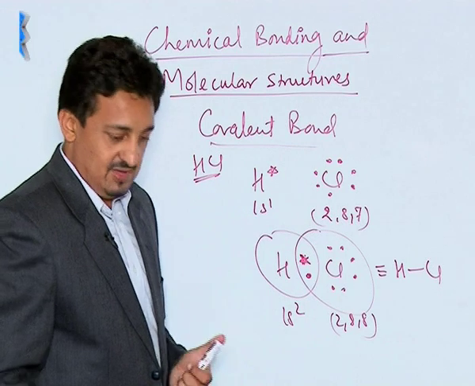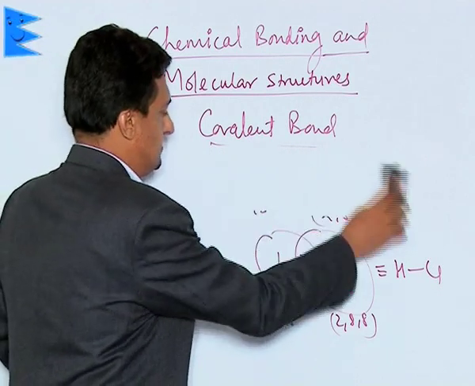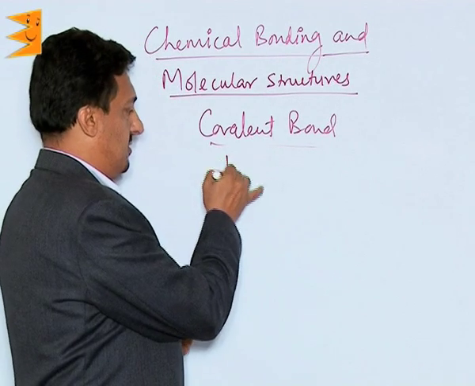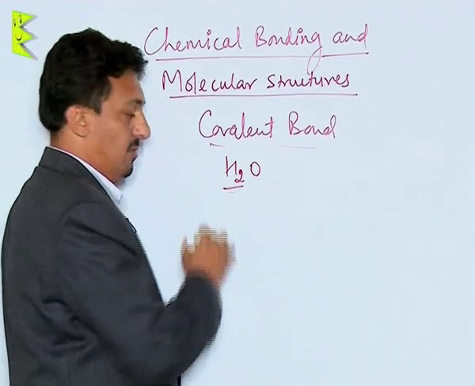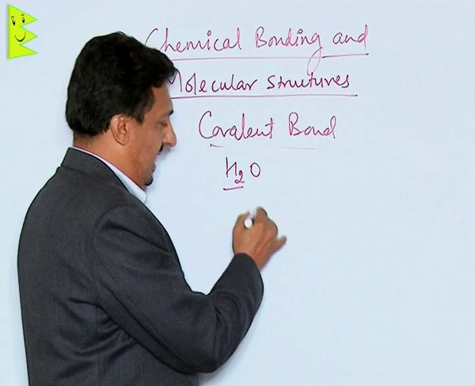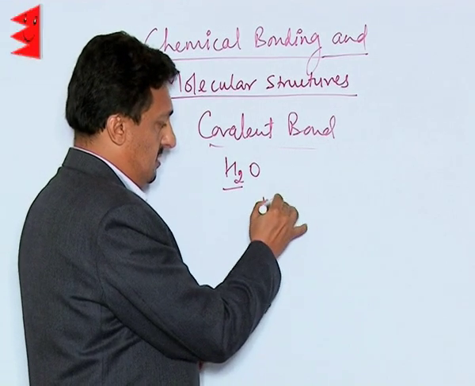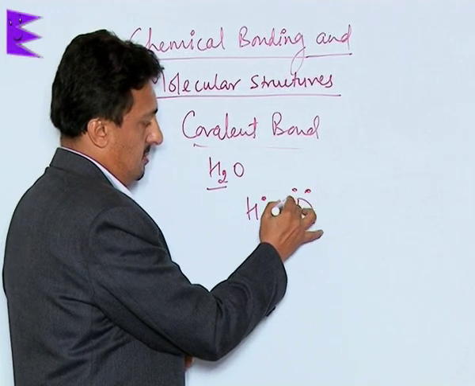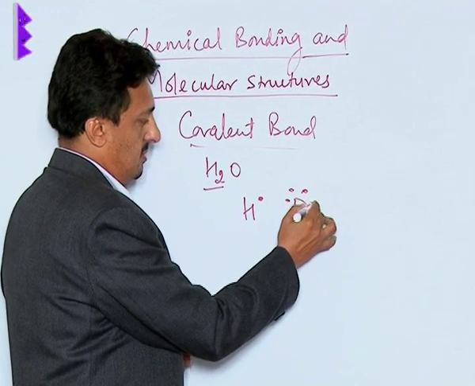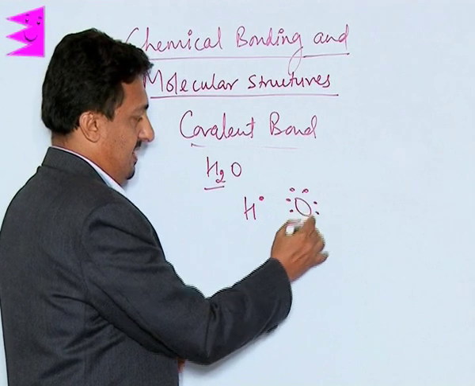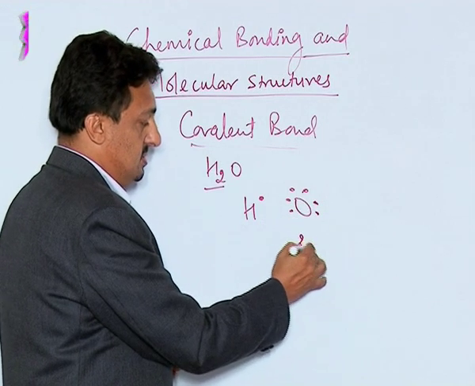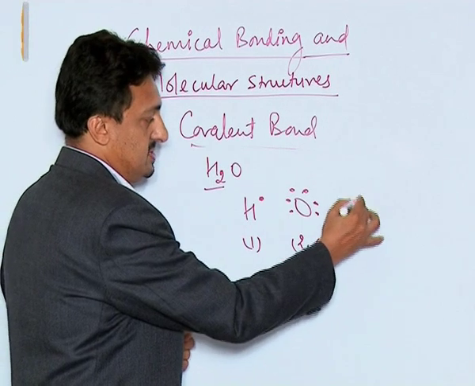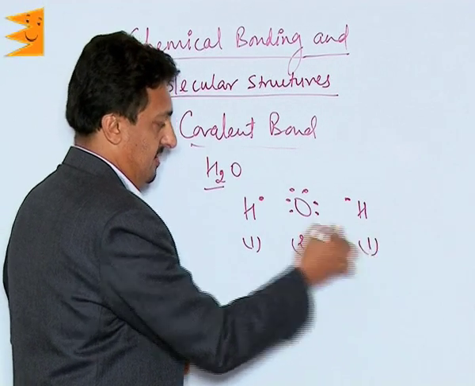Let us take some other examples. Like we can take the example of the water molecule. Oxygen has, this is one hydrogen, if we write it like this, the oxygen has 6 valence electrons, and this hydrogen has only one electron.